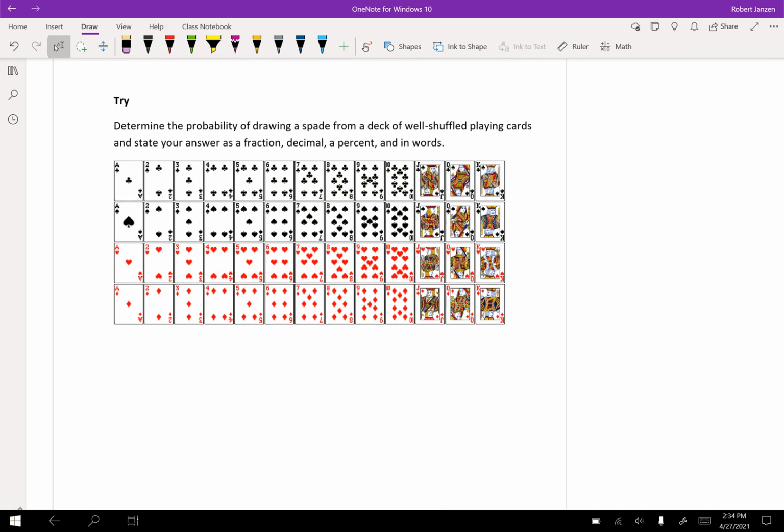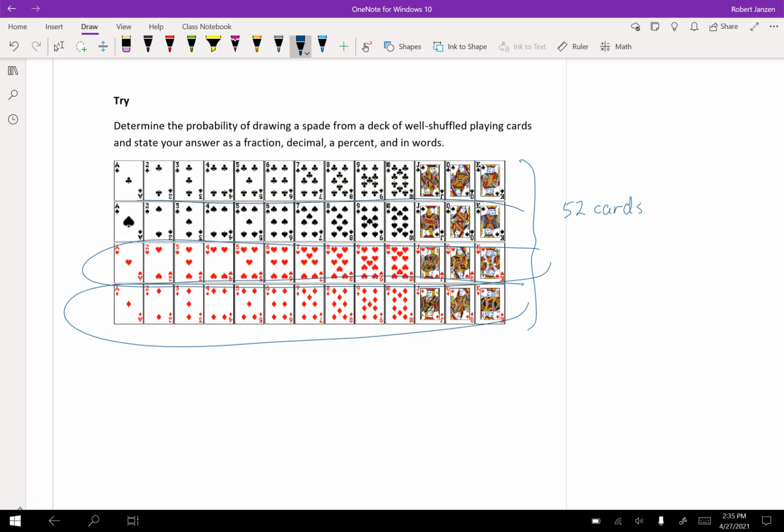It says, determine the probability of drawing a spade from a deck of well-shuffled playing cards. Okay, so what we have here is a picture of all of the cards in a deck. If you're not familiar with a deck of cards, there are 52 cards in a deck. Okay, you'll see there are 13 of each. There are 13 diamonds, there are 13 hearts, there are 13 spades, and there are 13 clubs.